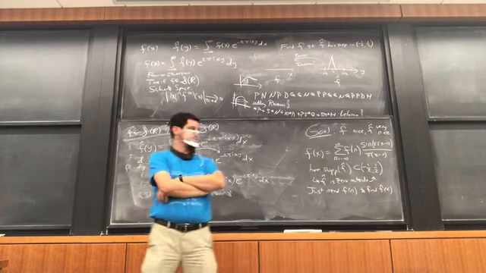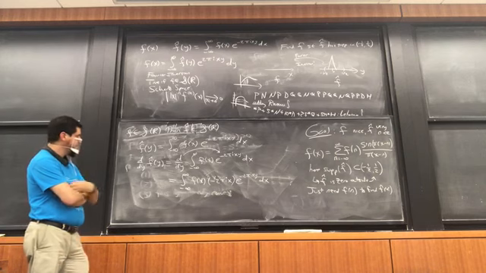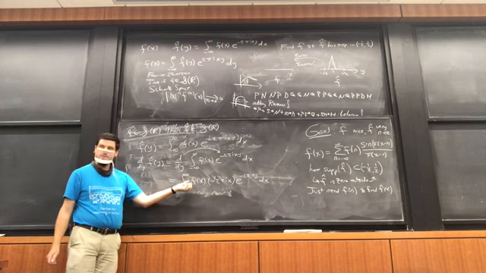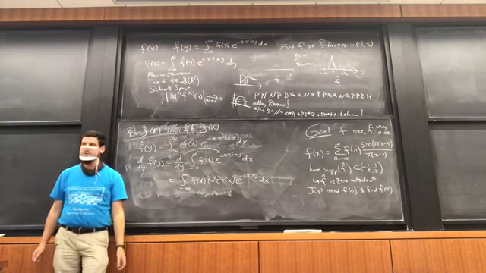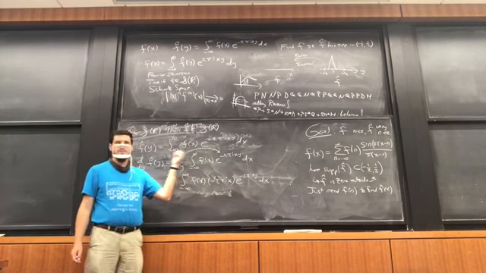So all of these derivatives will exist. And what it tells you is the derivative of the Fourier transform is the Fourier transform of the function times negative 2 pi i x. Basically, the Fourier transform converts multiplying by x to differentiating.